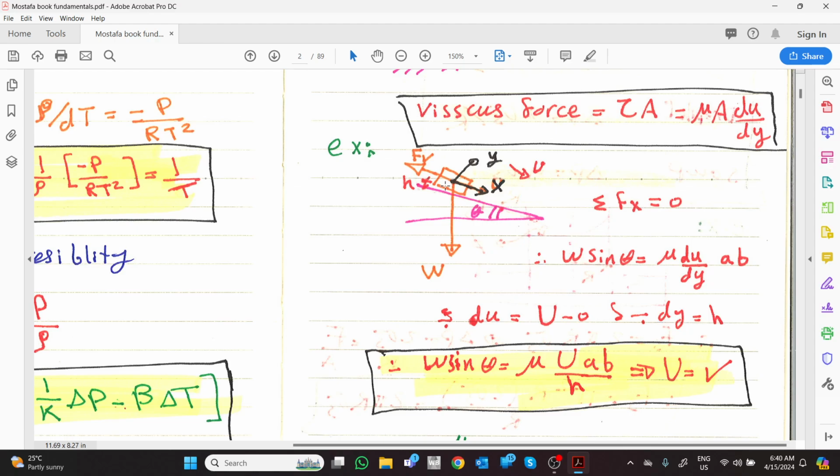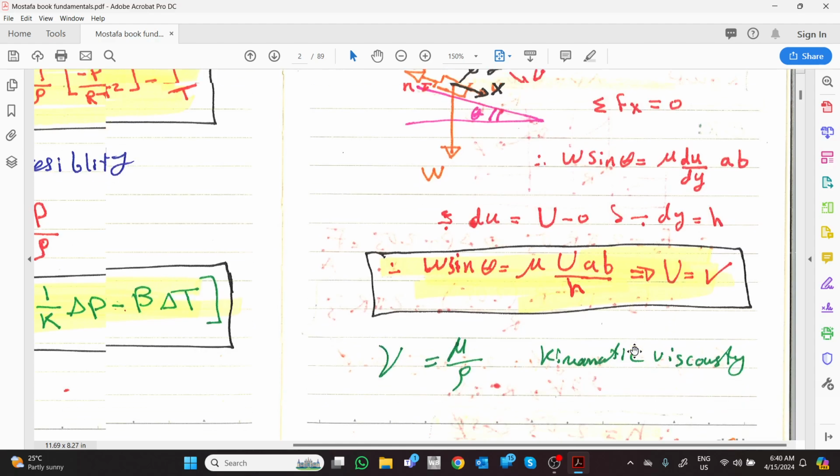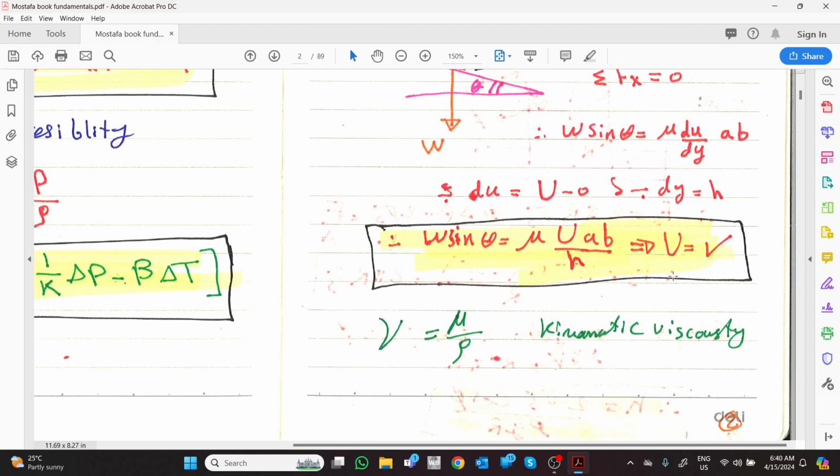So we know the velocity of the layer here is equal to the velocity of the block, which is U, and the velocity here is equal to 0 because of the no slip condition for the oil or whatever. So delta U for approximation is U minus 0, and delta Y is H. Plug in the numbers, you'll get the velocity.